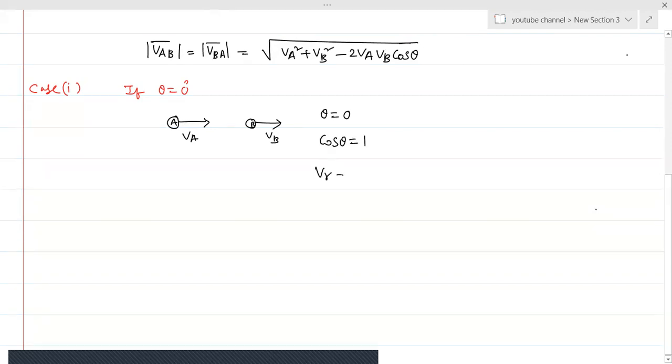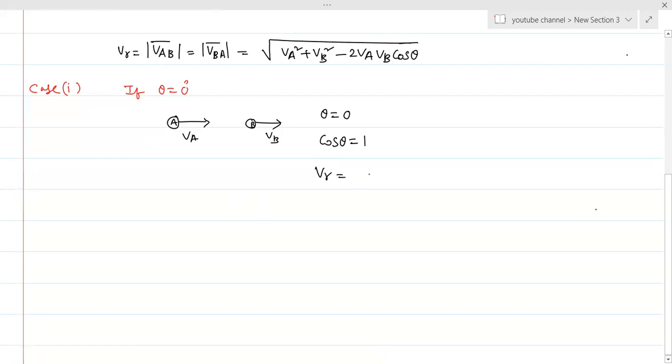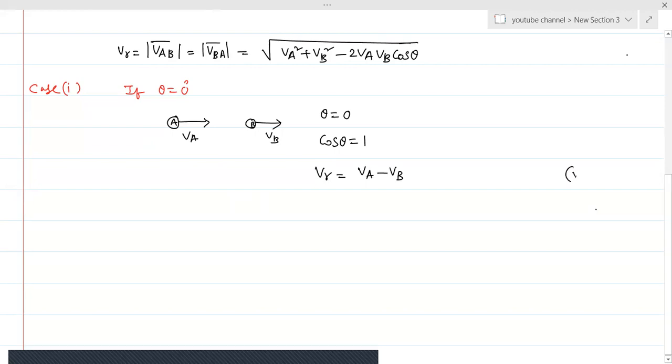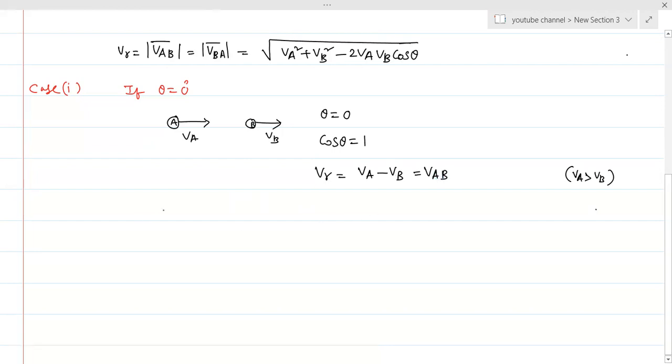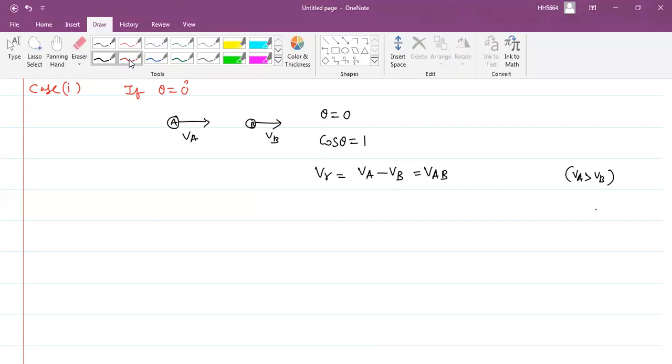So the relative velocity, either VAB or VBA, this will be the relative velocity magnitude, that will be VA minus VB. Suppose we are taking VA is more than VB. Relative velocity magnitude VR is equivalent to VA minus VB. If both are moving in the same direction, we just take the difference if we are interested to find the magnitude.